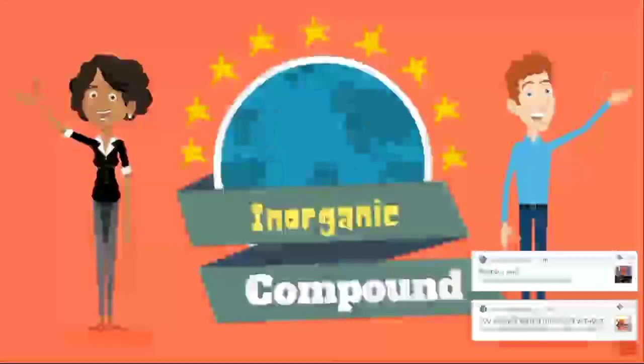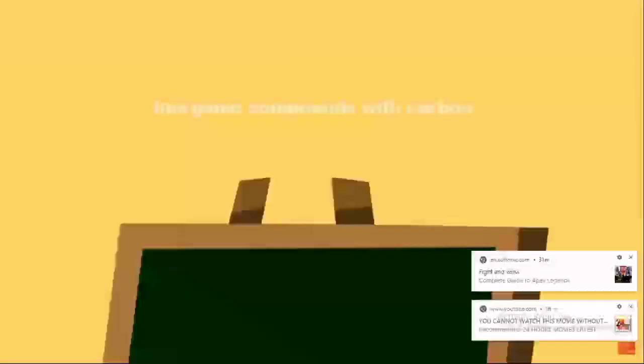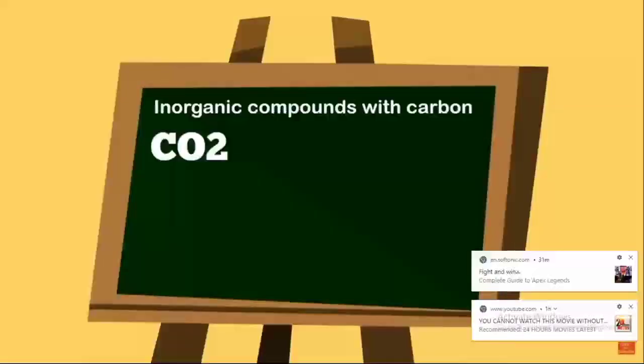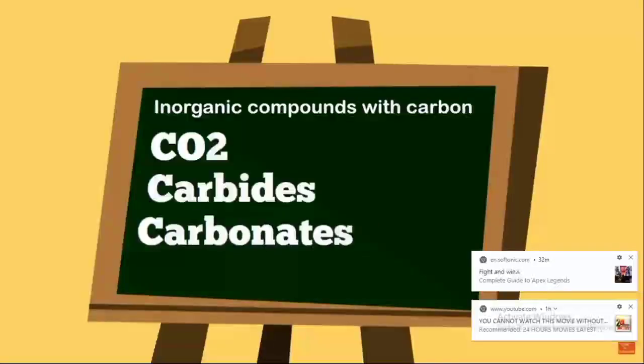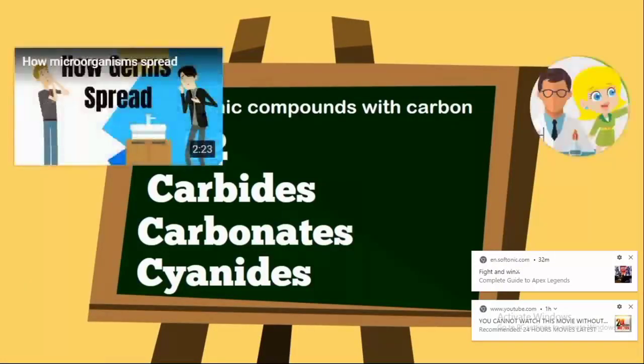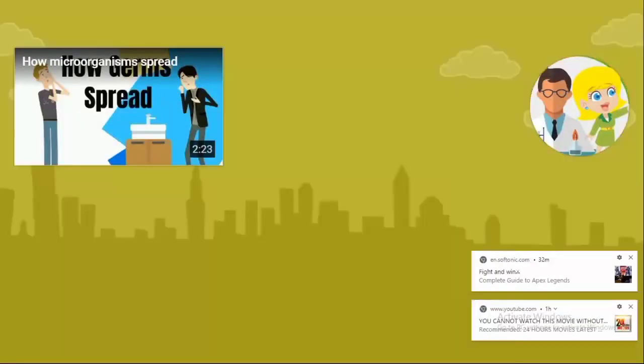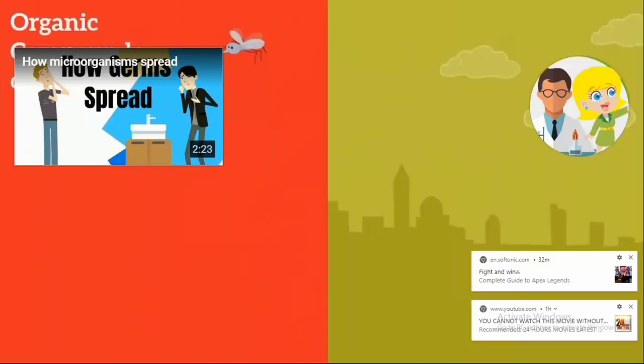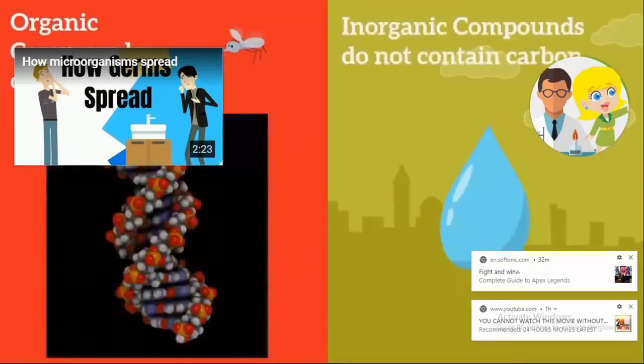There are exceptions to this, such as carbon dioxide, and also carbides, carbonates, and cyanides. But generally, inorganic compounds do not contain carbon. They are also more simple than organic compounds. So there we go. Organic compounds contain carbon. Inorganic compounds do not, except for the few exceptions.